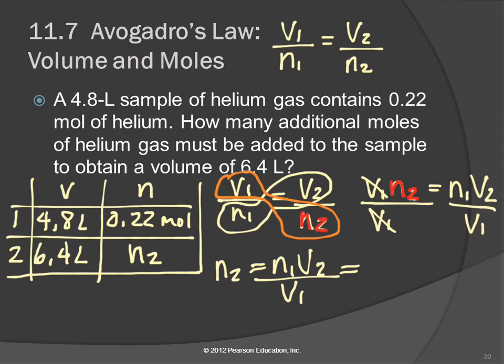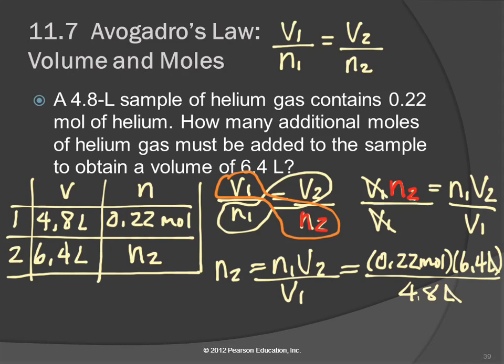Now I look at the table, and N1 was 0.22 moles. And V2 was 6.4 liters. V1 is 4.8 liters. And when we look at our units, liters cancel liters. And we do some math here.